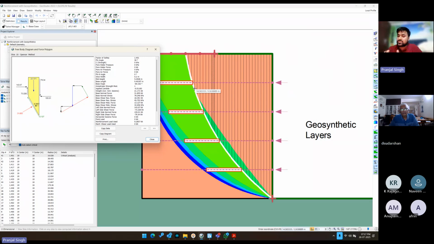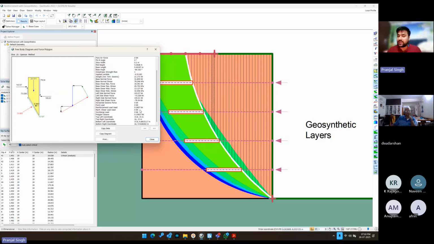So it gets in tension and it is trying to hold and stop the whole mass on the right hand side of the critical slip surface from moving away. Because of the tension, a net force towards the left is applied on each of the slices, and that's what you can see. And here it's written also that reinforcement load used is 9.2857.